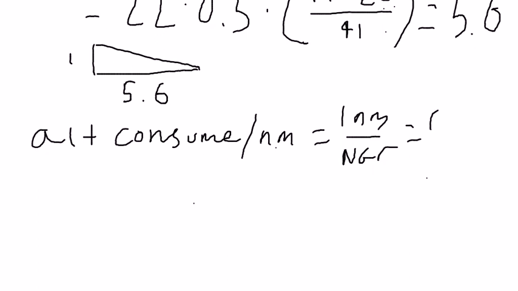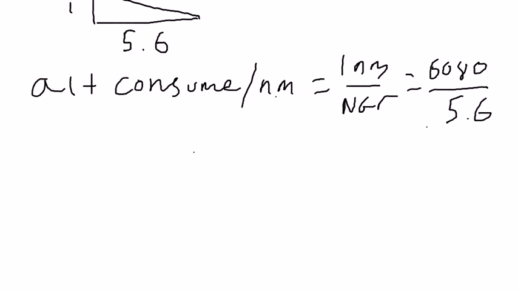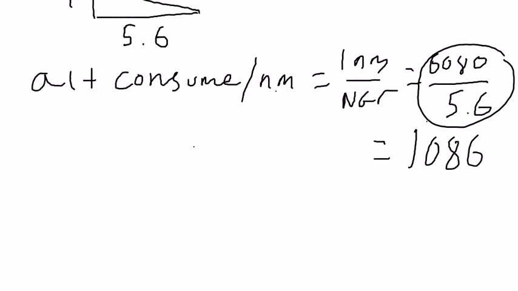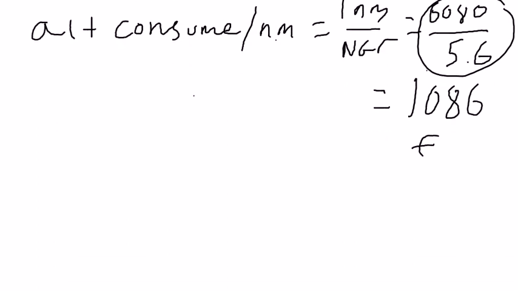So there are 6,080 feet in 1 nautical mile, and our net glide ratio is 5.6. Because we put feet into the calculation, we're going to get an answer in feet. If you do this division, you will get 1,086. And that is how many feet we will lose in 1 nautical mile of travel over the ground.